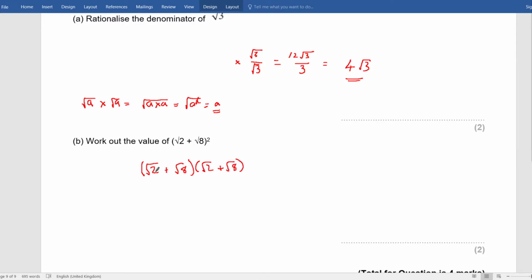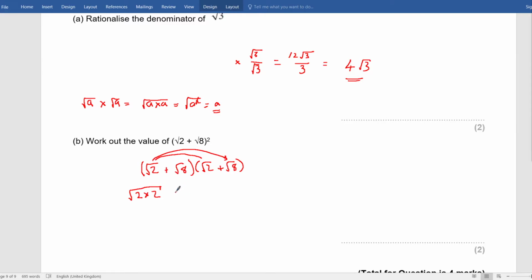So here we go. Root 2 times root 2. Again, root 2 times root 2 is 2 times 2 is 4, and root 4 is 2. Next one is root 2 times root 8. Again, actually I'm going to start this again. We'll rub this off and put a bit more working out, show you a bit more working out. So when I'm doing root 2 times root 2, that is the same as 2 times 2 all under one root.